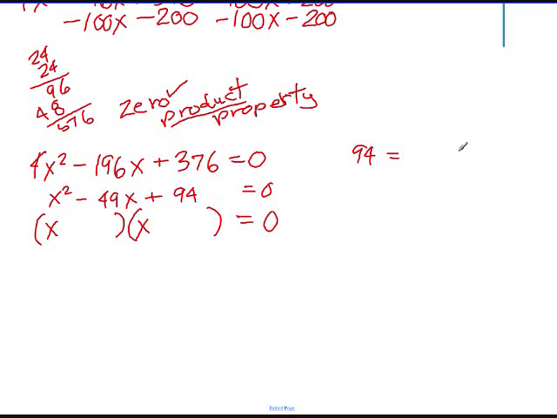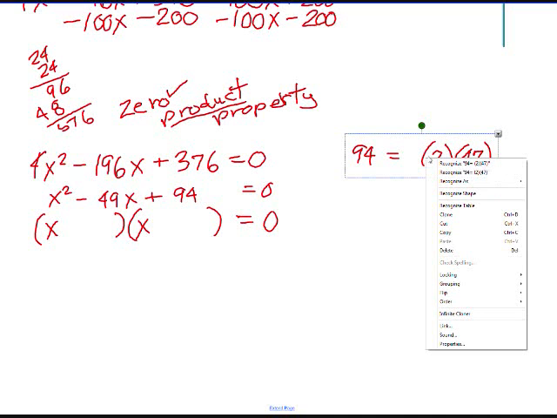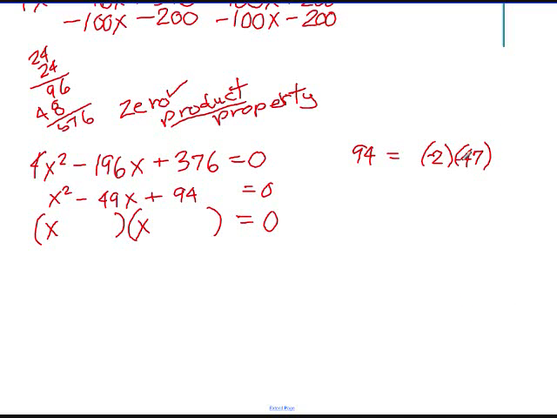Well, let's think about what factors I might have for 94. If it were 2 times what would give me 94? 47, right? Oh my goodness, that's it. Well, I'm lucky I hit it the first time. So if I had a negative 2 and a negative 47, that would be negative 49. So that's what it is.